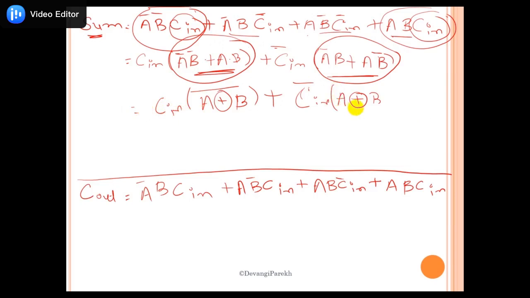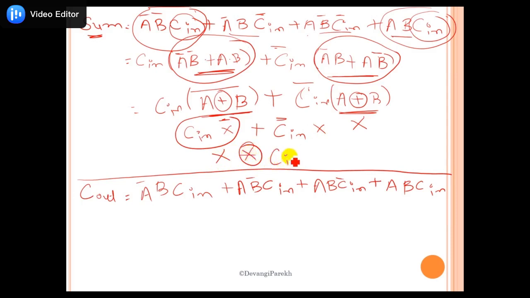Now let's just consider this A XOR B as X and this A XOR B bar as X bar. So our expression is C in X bar plus C in bar into X, which is the same as X XOR C in.